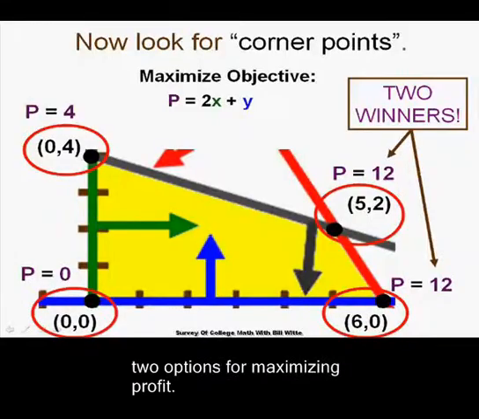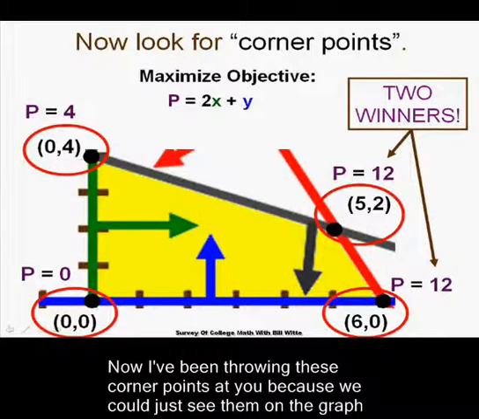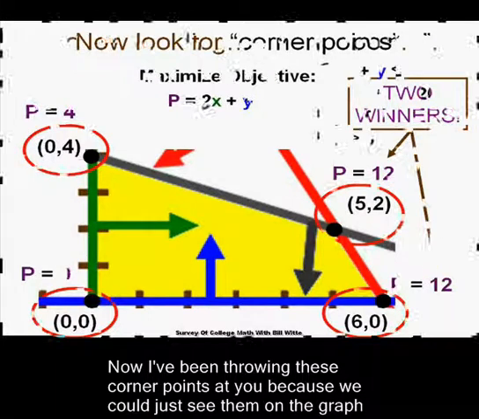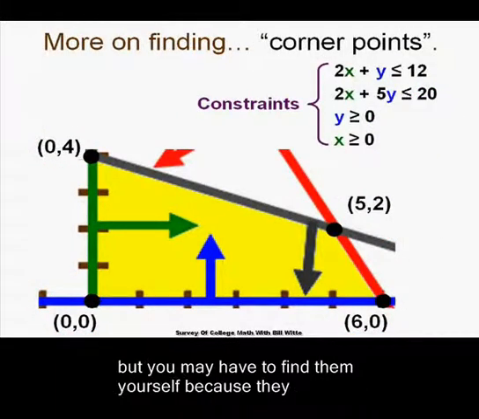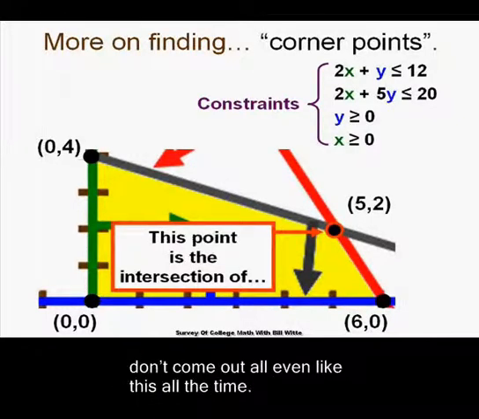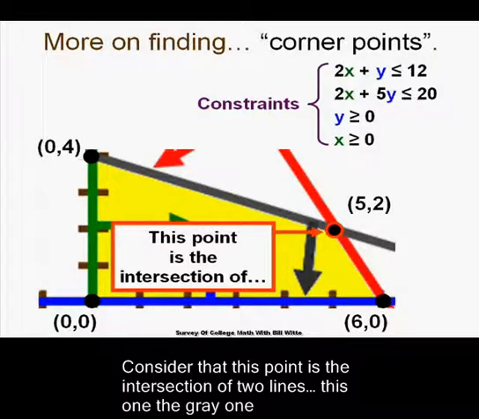Now I've been throwing these corner points at you because we could just see them on my graph. You may have to find them yourself because they don't come out all even like this all the time. Consider, especially this one, that that point is the intersection of two lines.